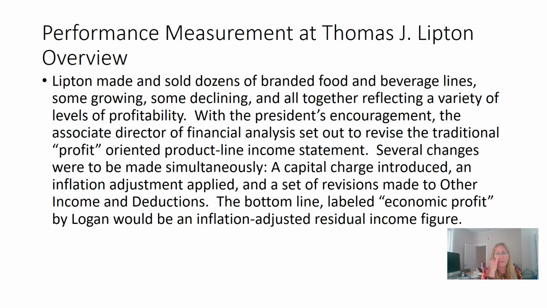Okay, so this is part of the challenge I had told you about, is that the systems are not in agreement. Right? The parent and the subsidiary systems are not in agreement. So the challenge that they have here is revising the traditional profit-oriented product line income statement, and they would like to make these changes that would better align the subsidiary to the parent.